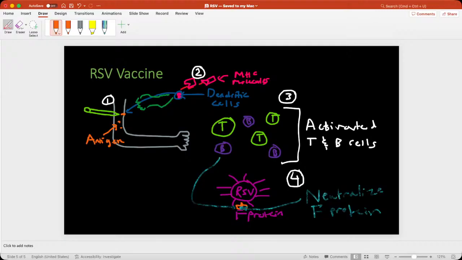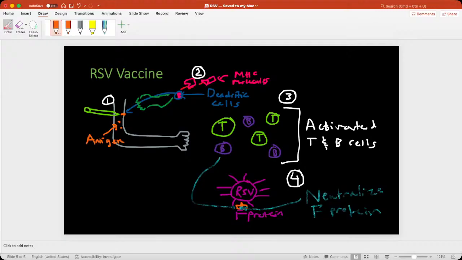Once the patient gets a vaccine in the intramuscular area, the antigen is going to be recognized by dendritic cells, which engulf it and present it to molecules known as MHC molecules. And then the MHC molecules are going to be detected by the T cells and B cells and get activated, so that they are prepared to fight against the RSV infection.